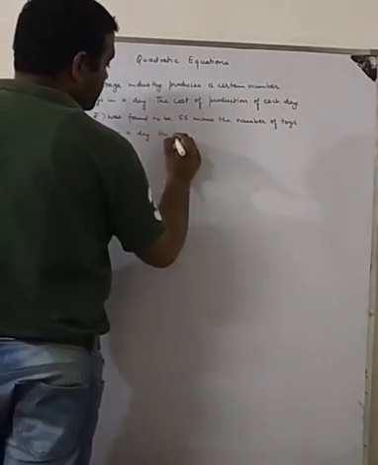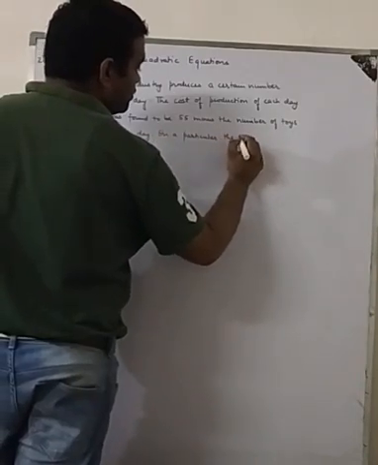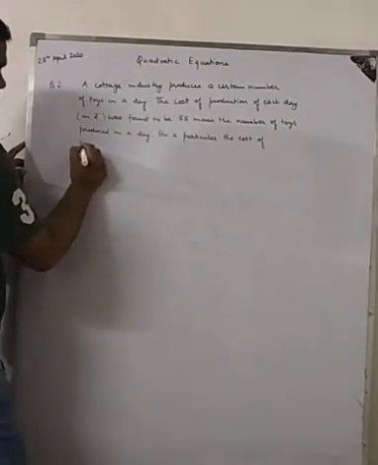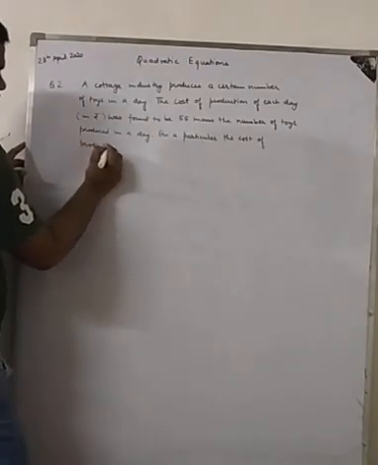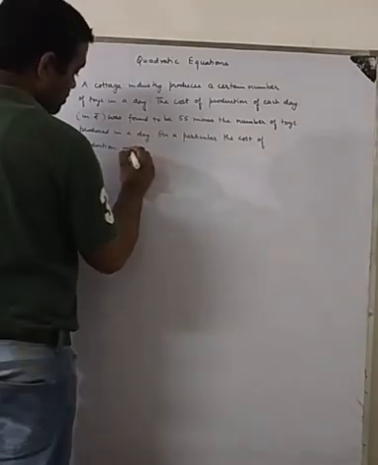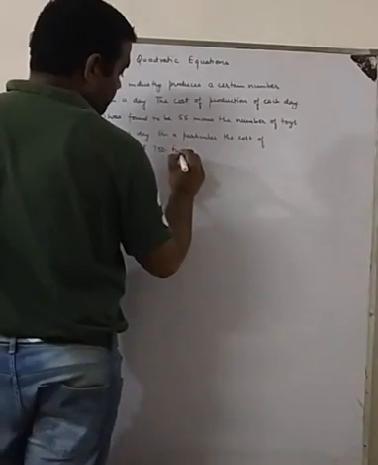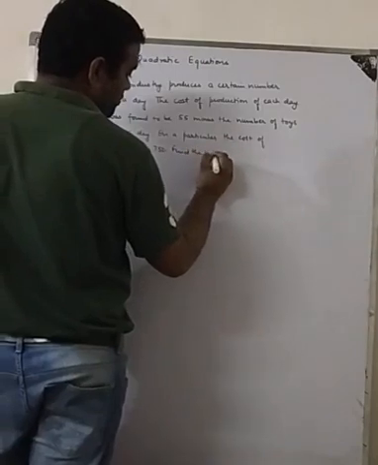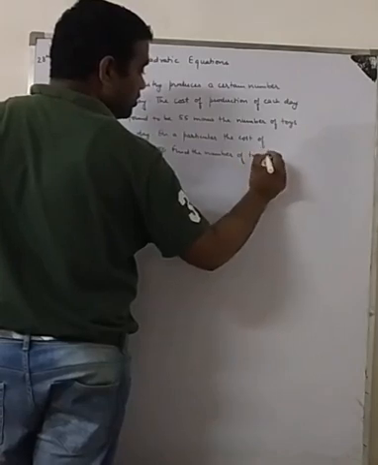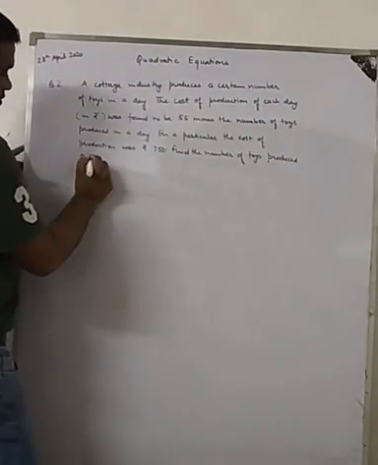Now on a particular day, the cost of production was rupees 750. Find the number of toys produced on that day.